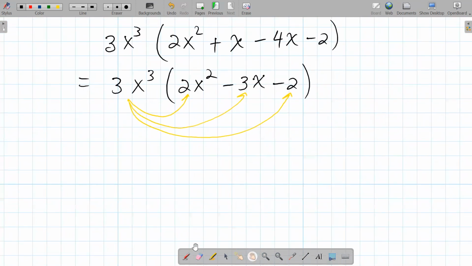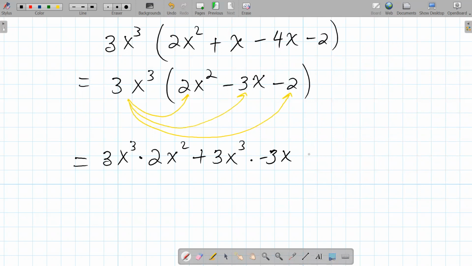So if you do that, it will be 3x cubed times 2x squared plus 3x cubed times minus 3x and plus 3x cubed times minus 2.